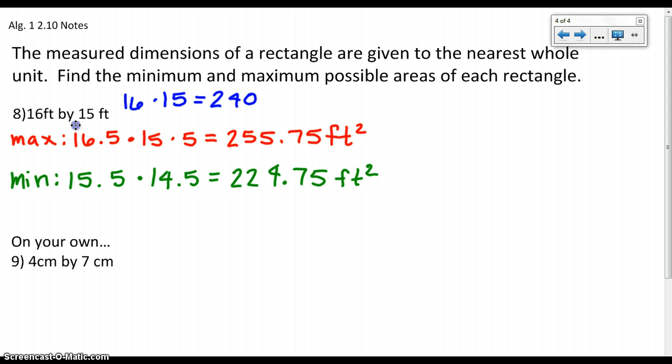So we're just taking the smallest number that could be rounded to 16 and 15 for the minimum, and for the maximum we just take the maximum number that could be rounded to 16 and 15.